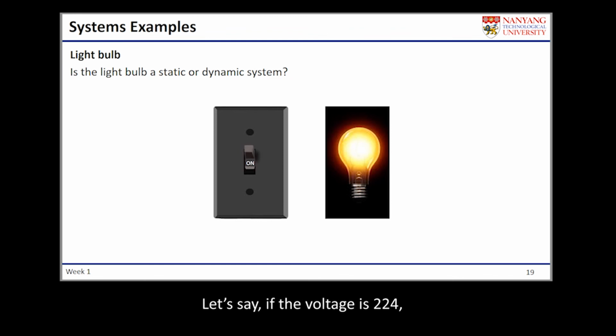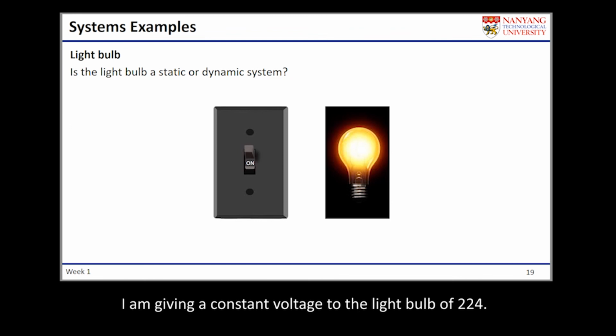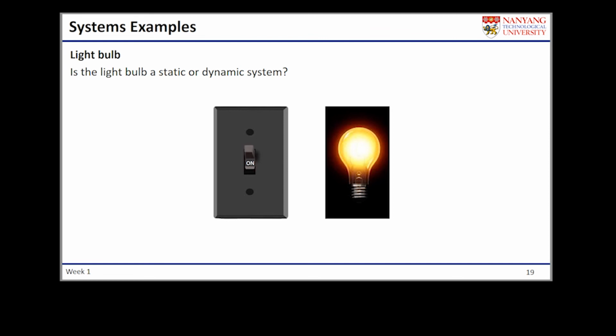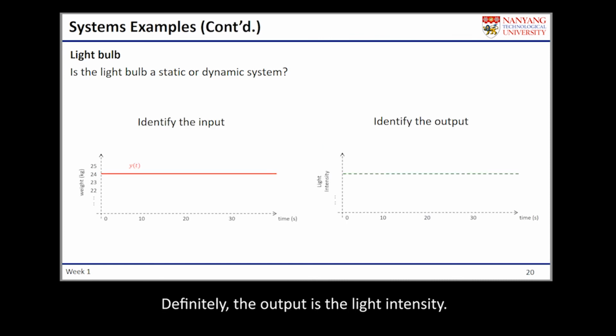Let's say the voltage is 220 volt. I'm giving a constant voltage of 220 volt to the light bulb, correct? So the input is again a constant 220 volt. And what is the output of this light bulb? Definitely, the output is the light intensity.